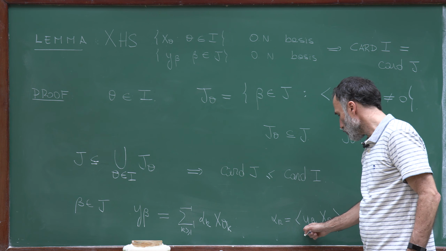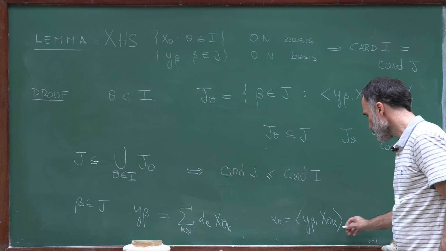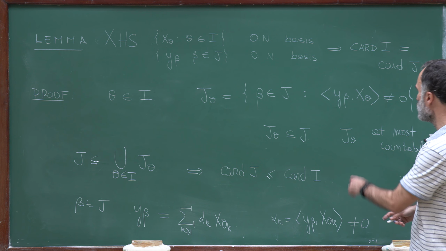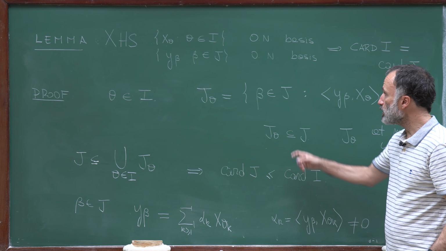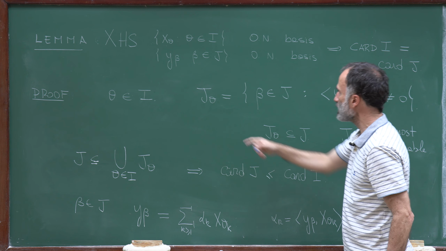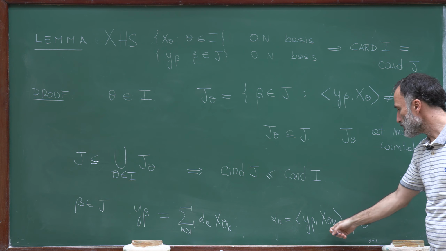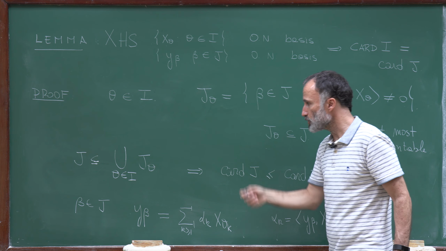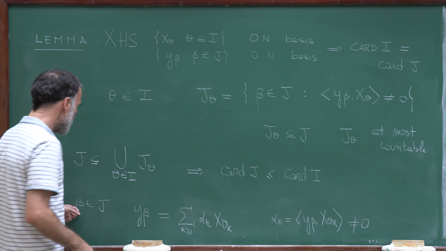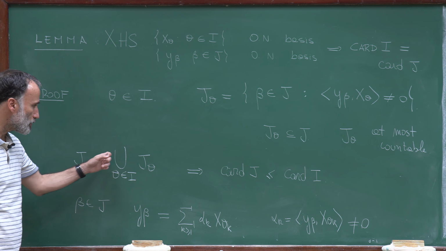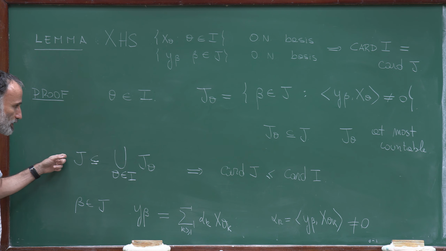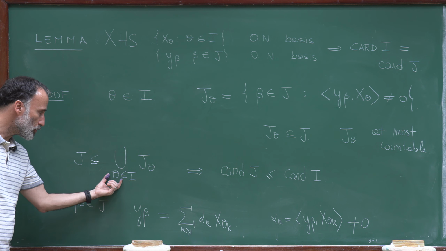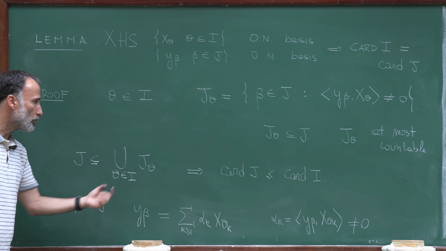This means, therefore, that β belongs to J_θk because the scalar product of y_β with x_θk is different from 0. So β belongs to J_θk, which shows that, indeed, β belongs to this union. And that proves this relation, that the set J is included in the union over all θ in I of J_θ.